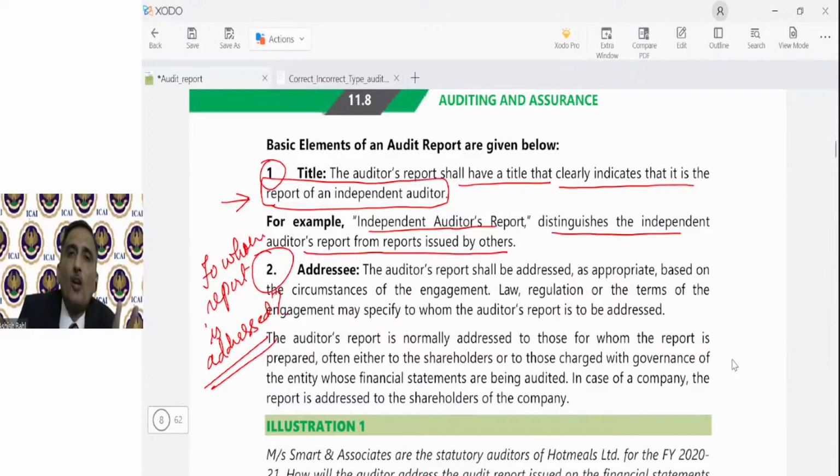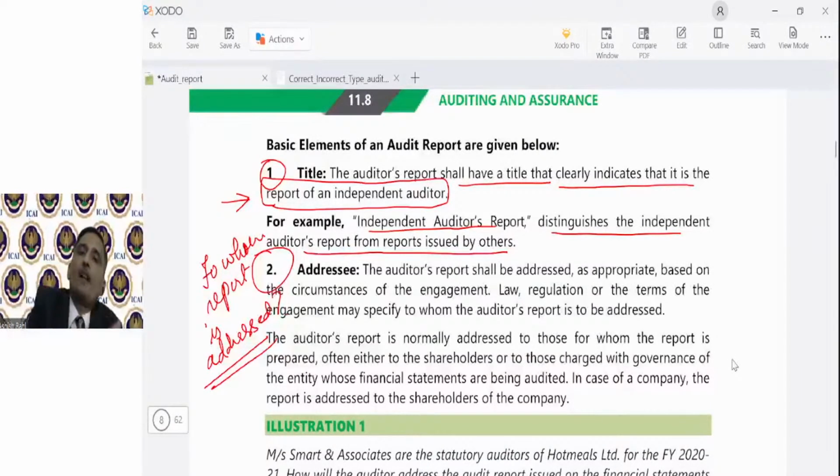Okay, I am not talking about first auditor, which is appointed by board of directors. I am talking about AGM. Okay, so the auditor is appointed by members. So the report is also submitted to the members of the company.